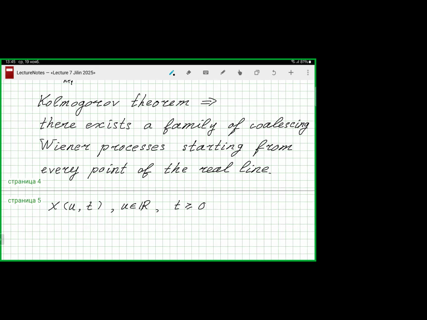If we take a finite family of starting points, then the corresponding processes X are Wiener processes independent up to the meeting, then coalesce and move together. This family is called Arratia flow.